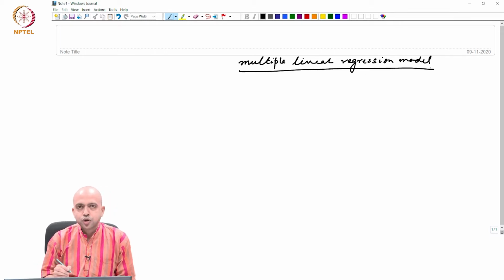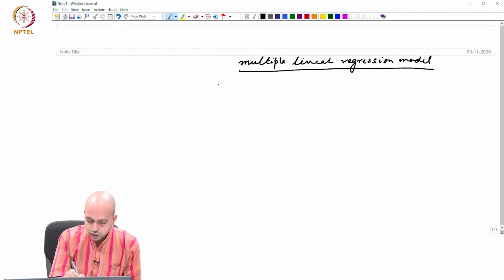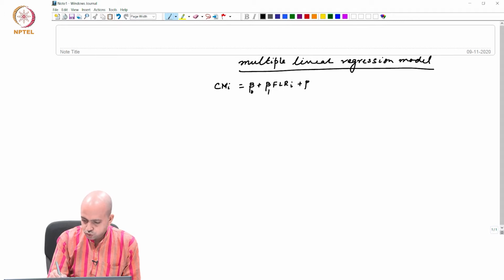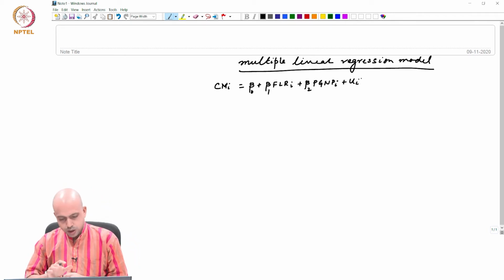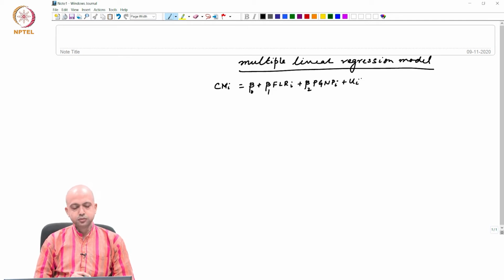The example we were talking about was child mortality rate, our dependent variable, equals beta 0 plus beta 1 female literacy rate FLR, and then beta 2 per capita GNP, plus u_i, right, and this is state level data.